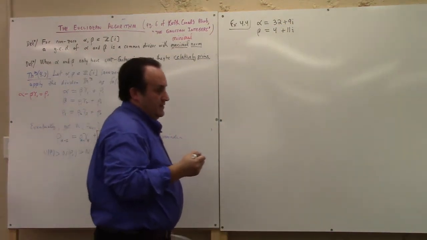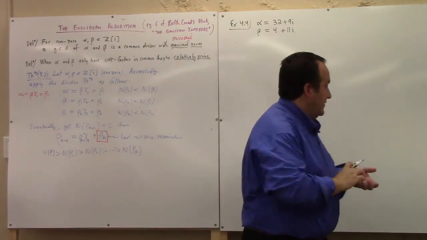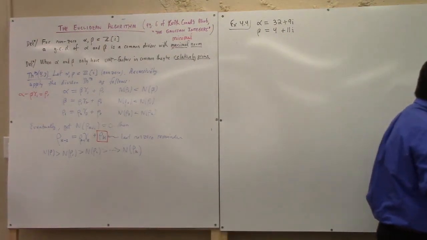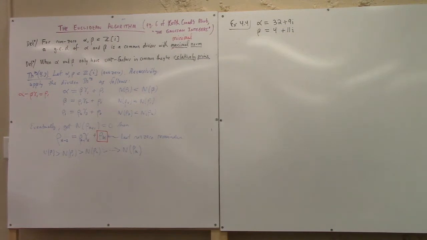Now, let me show you how you can do this in a kind of lazy way. Go to Wolfram Alpha, and you can try parentheses 32 plus 9i divided by 4 plus 11i.